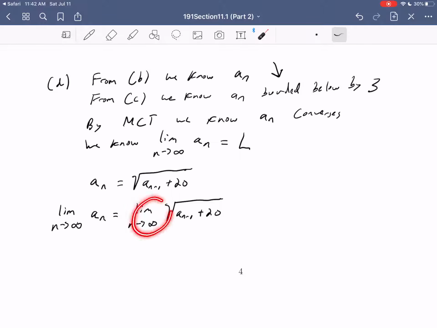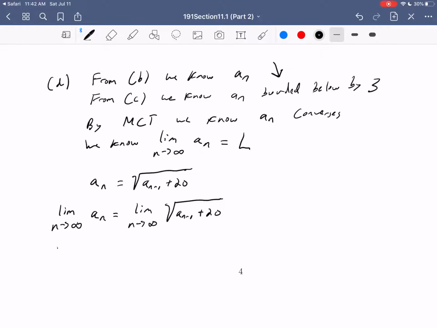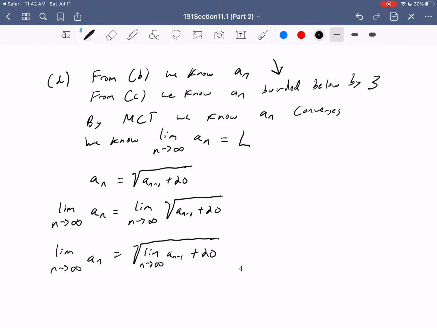And on this side, let's bring this limit in there, which of course you can do because square root's a continuous function. So we get the square root of the limit as n goes to infinity of a sub n minus 1, plus 20.